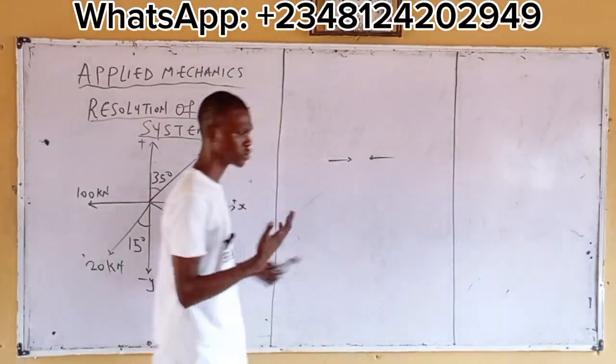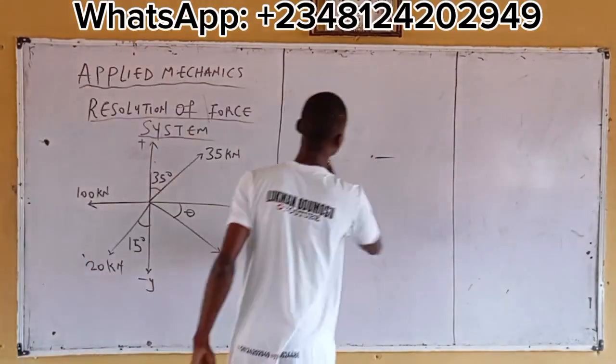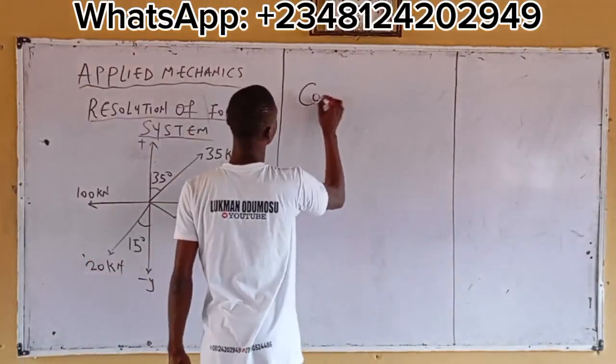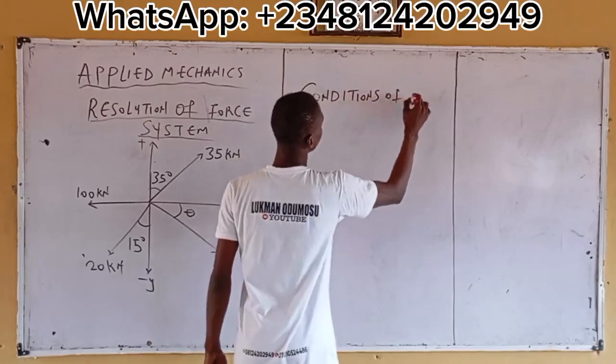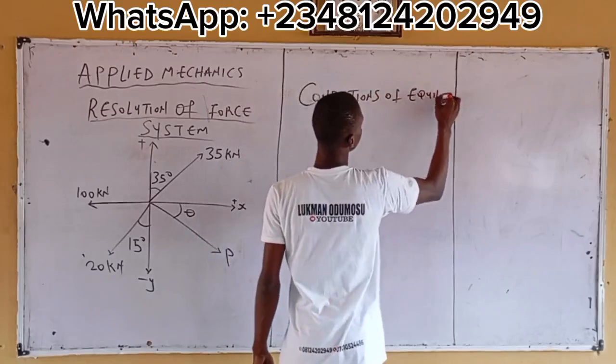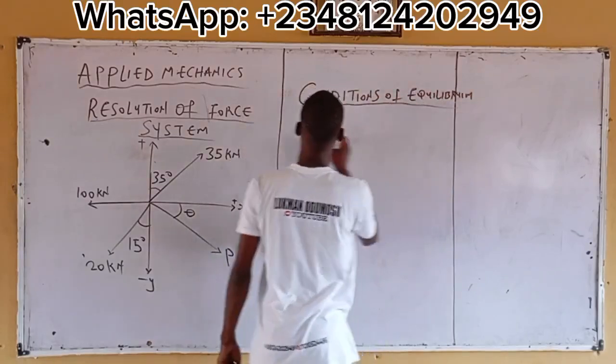Now, by equilibrium, we have 3 conditions to be applied, right? What are these conditions of equilibrium? First things first, your conditions of equilibrium, and they are just 3.